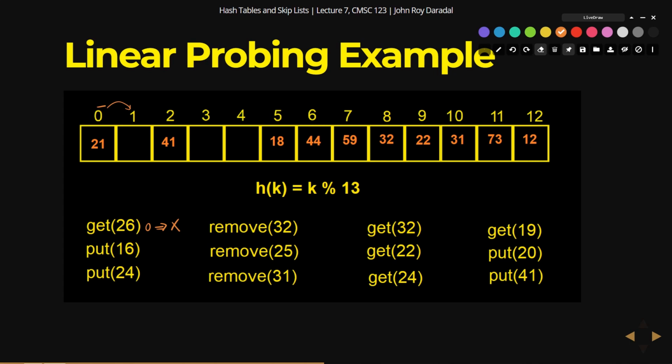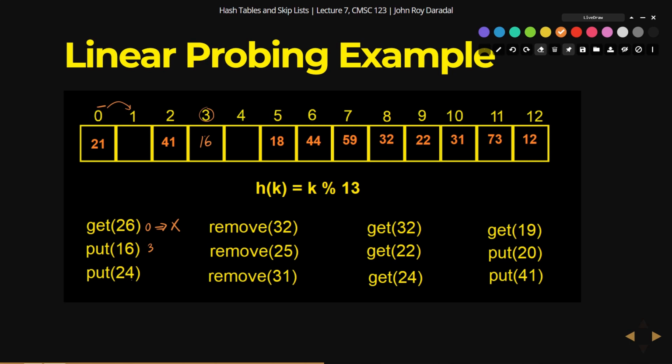So 16 modulo 13 is 3, right? So we check index 3 right here, and index 3 is available. It's actually empty, right? So since it's empty, we can just put the key 16 here. Okay, so it's safe to insert.